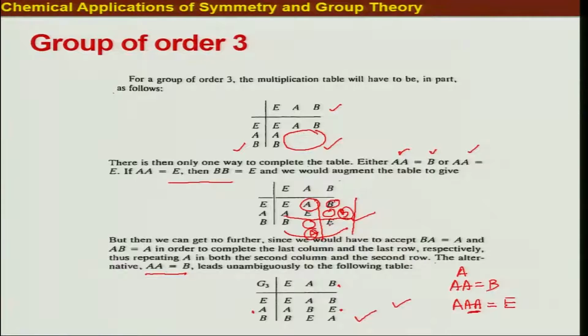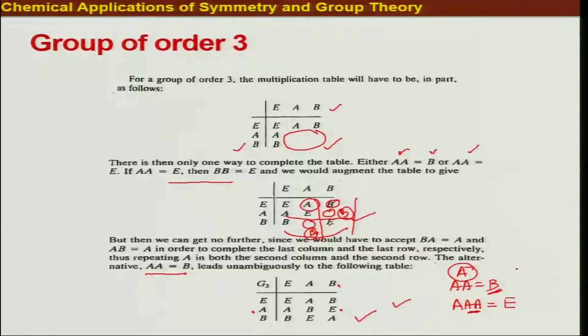So in this particular case, I really do not need to look at anything else like B, because if I take this element A and keep operating it, then I will get A squared, A cube and so on, and that will generate all the elements of this particular group.